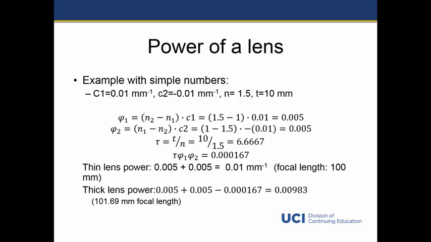But if I'm doing an approximation, trying to see how things fit together, it's sufficiently accurate for my first order calculations. So often when we do our preliminary design forms, we are going to use this thin lens type calculation. We'll talk a little bit more about that in our next session. Thank you.